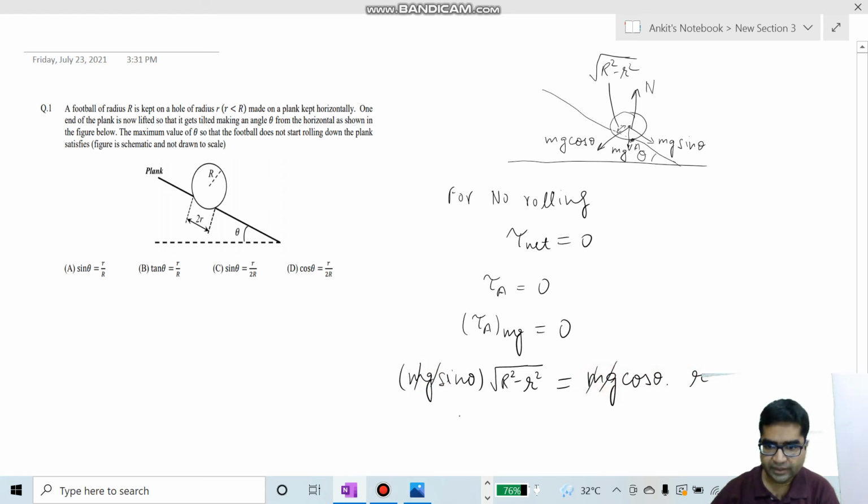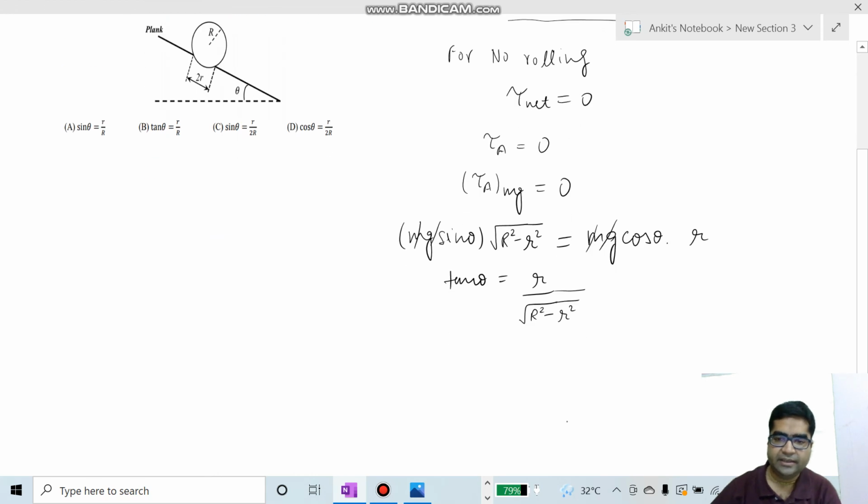So what we get here, tan theta equal to r upon under root of capital R square minus small r square. So this relationship we are getting here, tan theta equal to small r upon under root of capital R square minus small r square, or we can also write this as sin theta is equal to small r upon capital R.